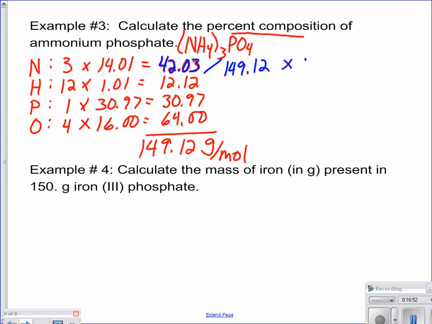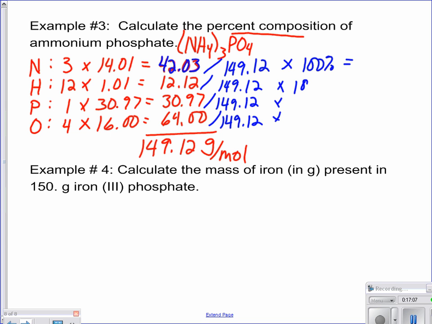And then, of course, I'm going to have to take that and multiply that times 100 to be able to get an answer. So in each of these cases, I am just going to divide by that total mass. In other words, my formula mass. All right, and we get 28.2% that is nitrogen.